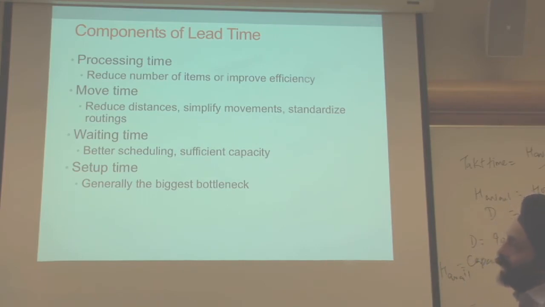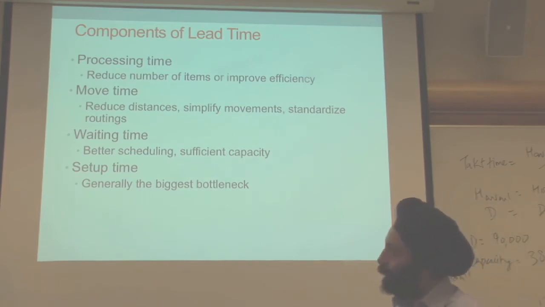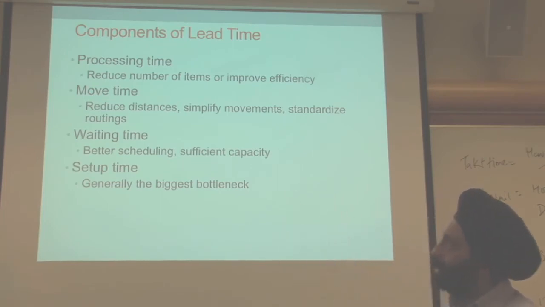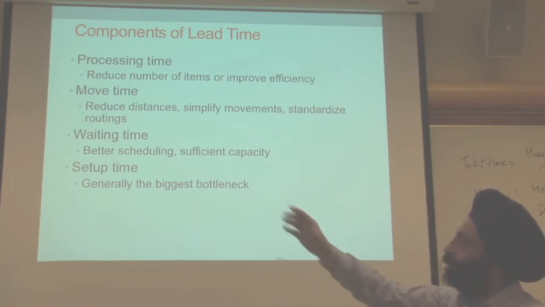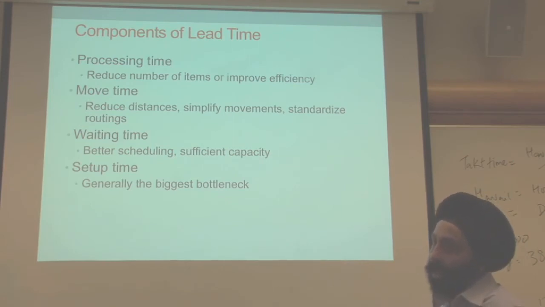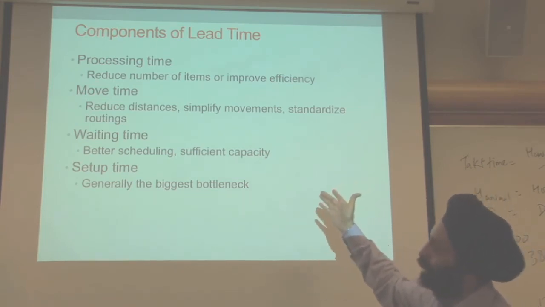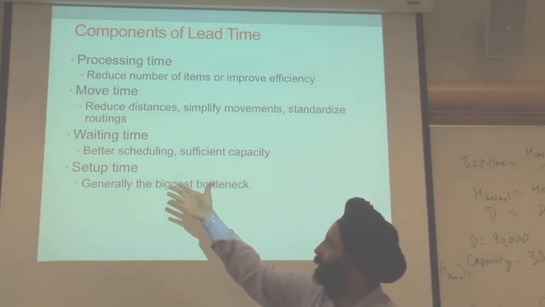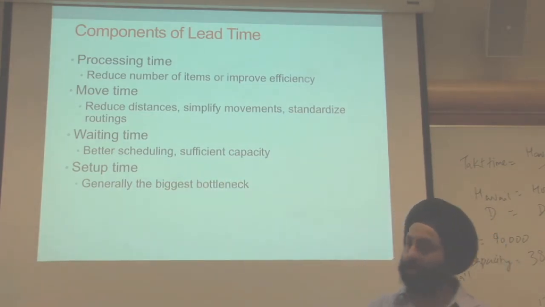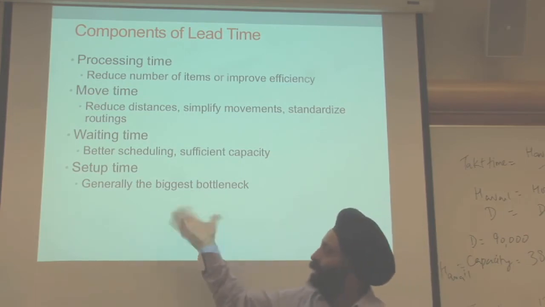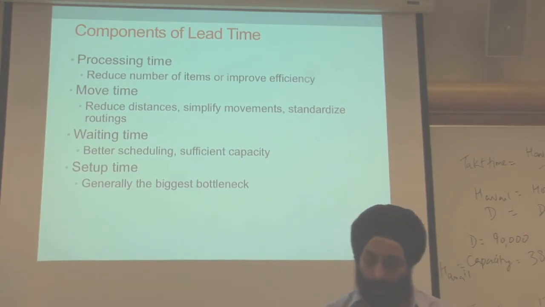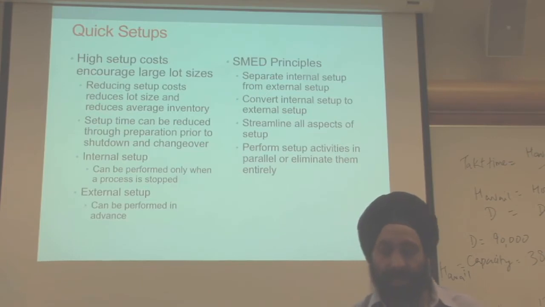Move time: one way to minimize its impact on the total availability of time is to reduce the distances machines or workers travel to set up or move the product. Simplify movement and standardize routing. Waiting time: better scheduling and sufficient capacity will minimize its effect. And setup time, which is typically the biggest bottleneck, can be addressed by using quick setups.